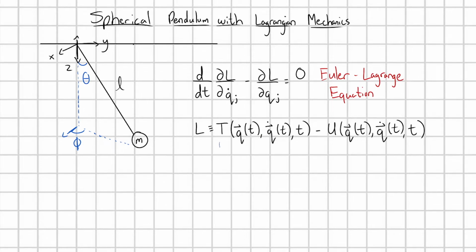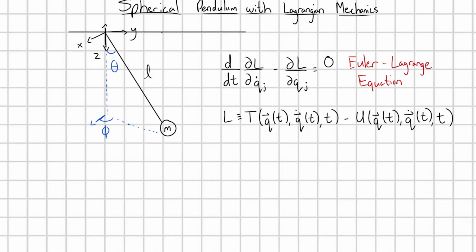So let's start by finding the kinetic energy of our particle. We know that very generally, kinetic energy T is equal to 1/2 times the mass of my little bob, times its velocity squared, which I'm going to write as the magnitude of its velocity squared.